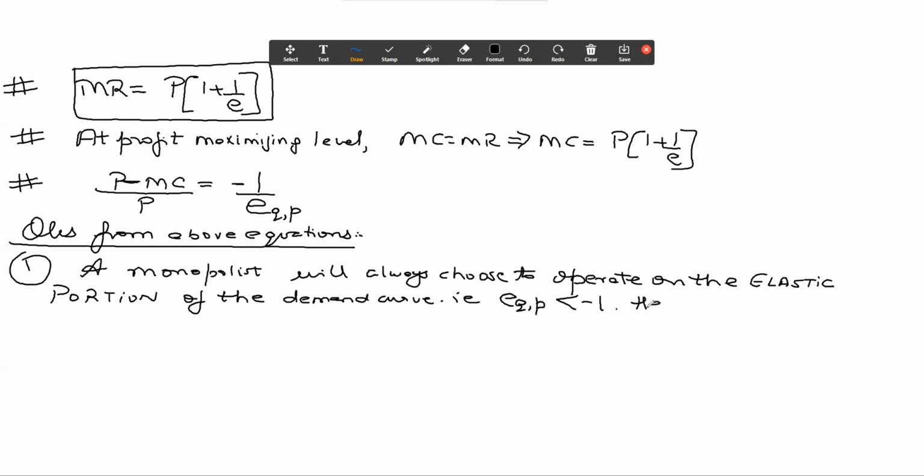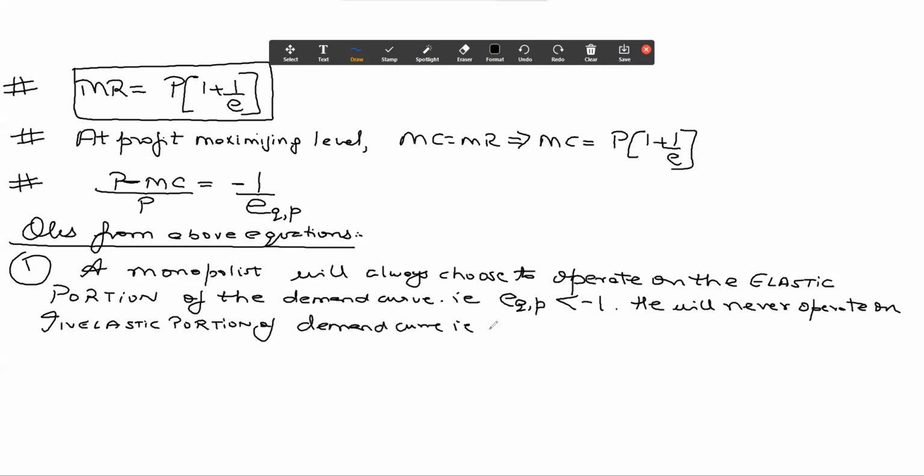He will never operate on the inelastic portion of the demand curve. That is where my EQP is greater than -1. Greater than -1 would mean -half.